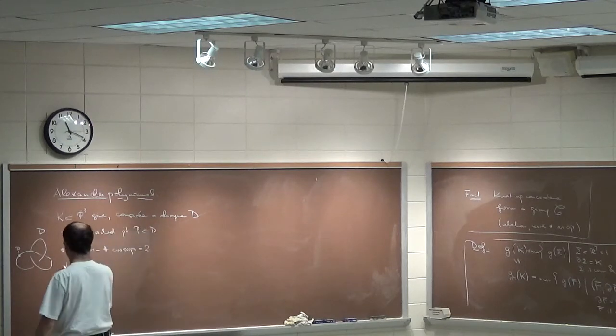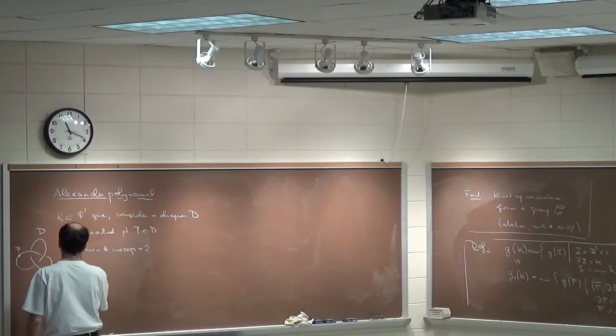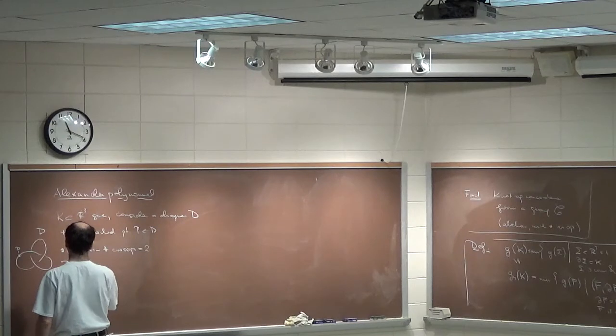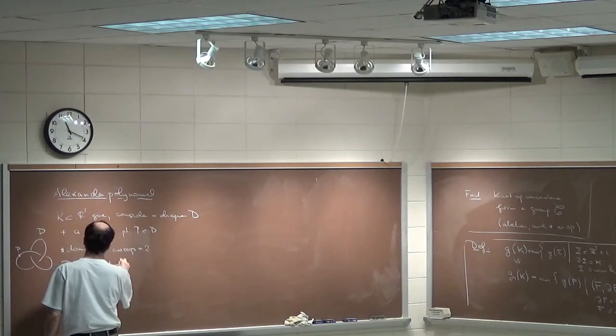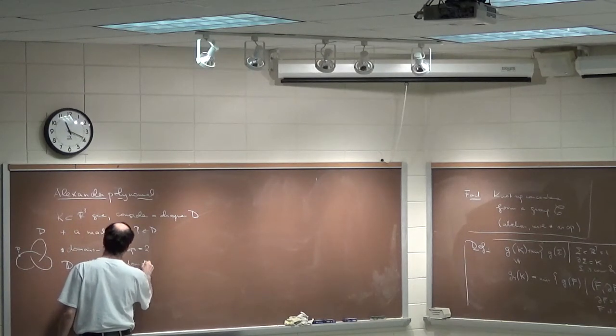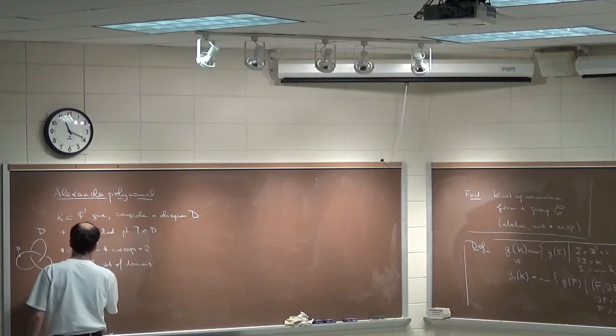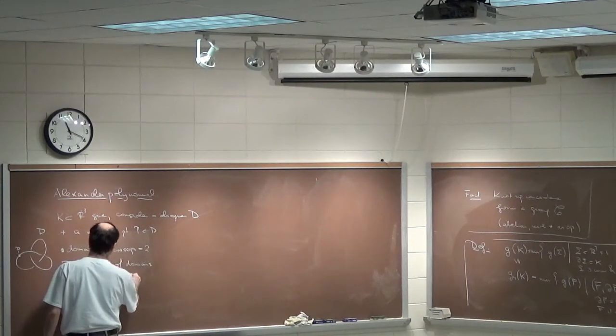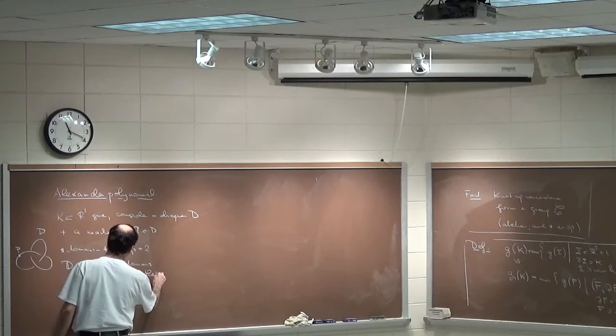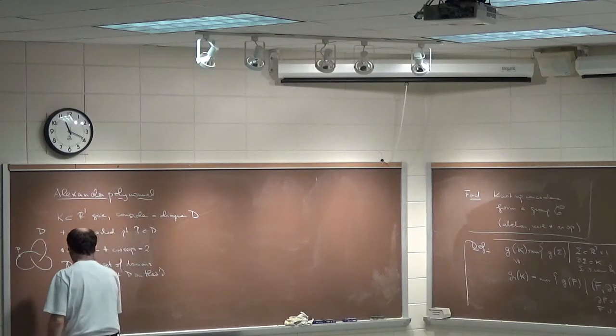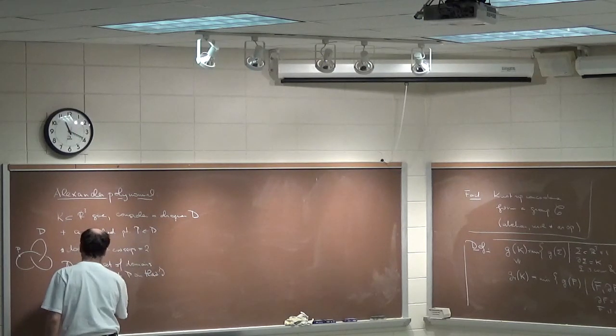So let D0 denote the set of domains not containing P on their boundary, and CR is the set of crossings.